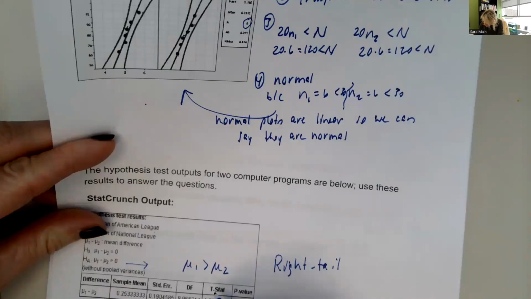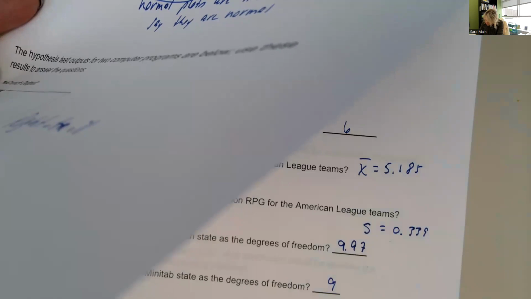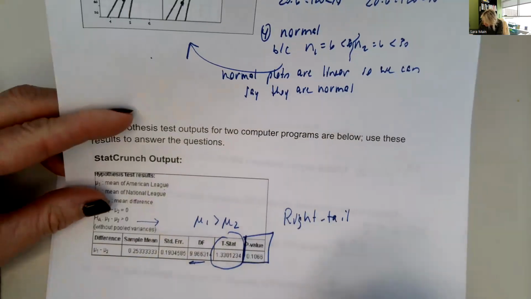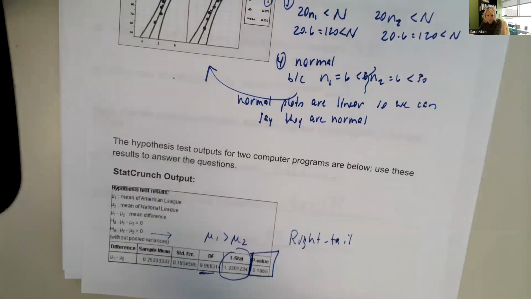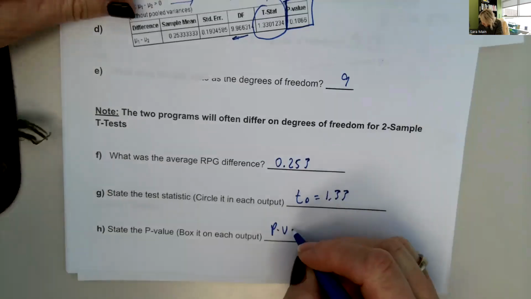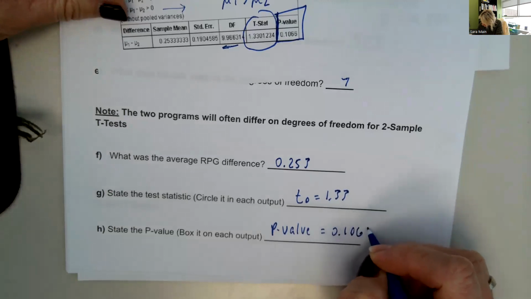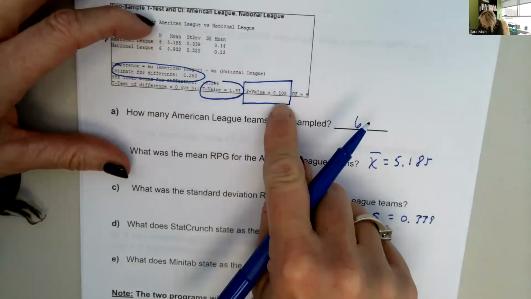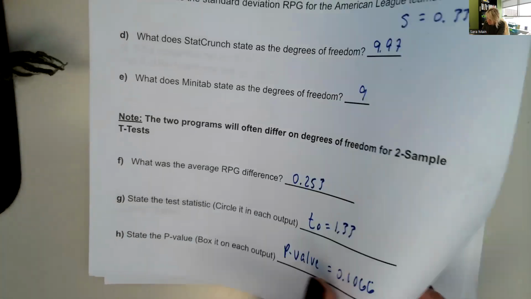And the test statistic is here on the StatCrunch. And then it says state the p-value, box it on each output. So here is the p-value. Down here is 0.1066. And up here, it's right here. And there it's 0.108. So either way, it's going to give us the same result.